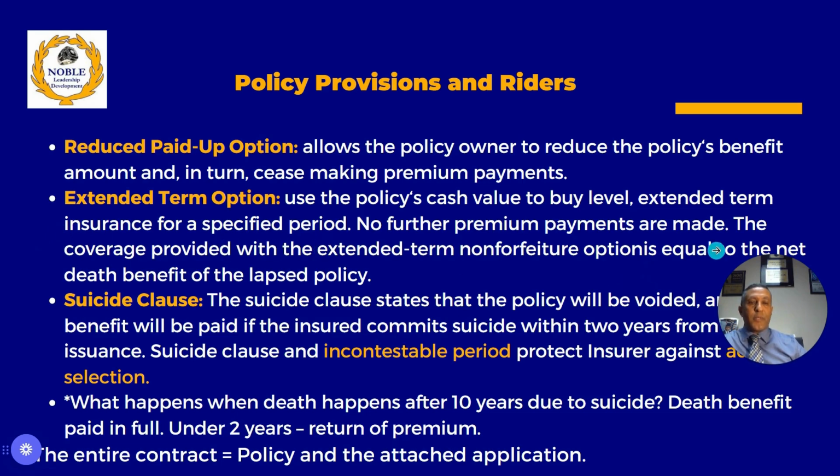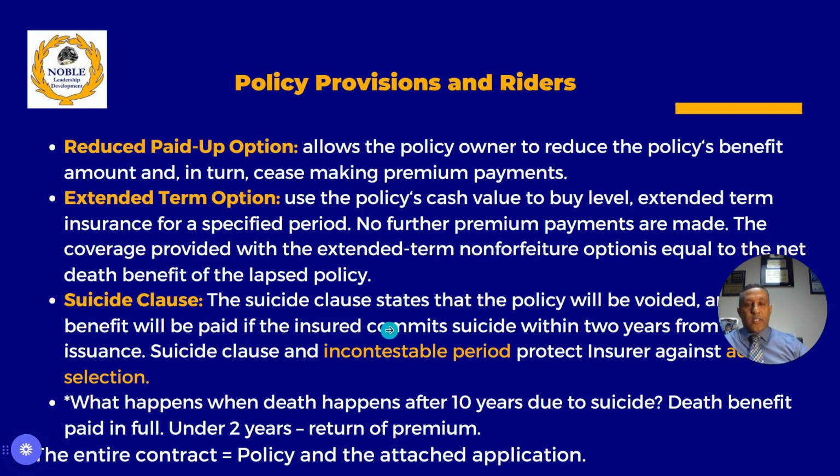No further premium payments are made, and the coverage provided equals the net death benefit of the lapsed policy, so it cannot be more than the original policy. So you have the extended term option as well for the cash value.